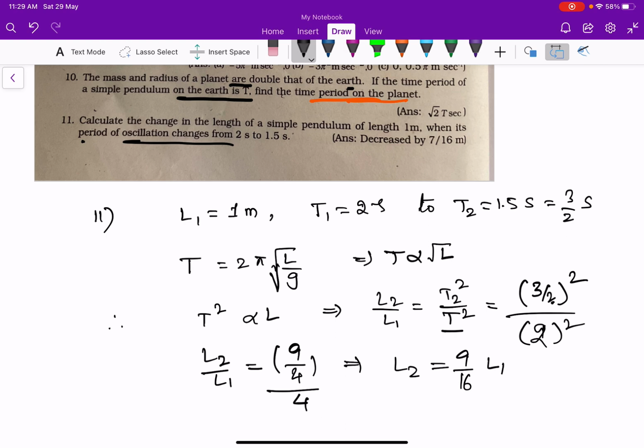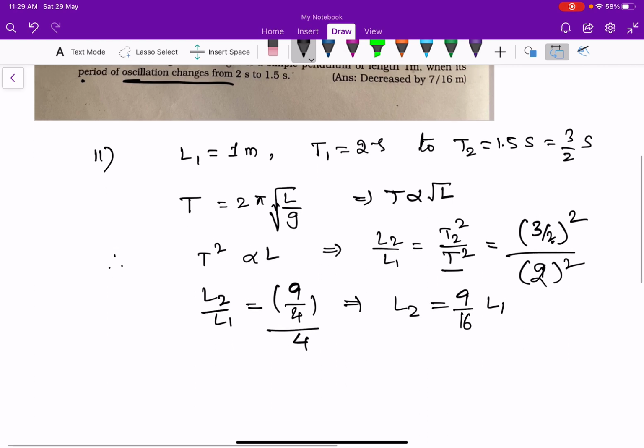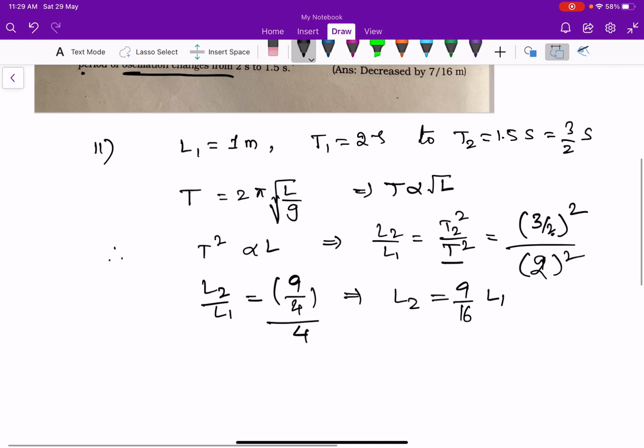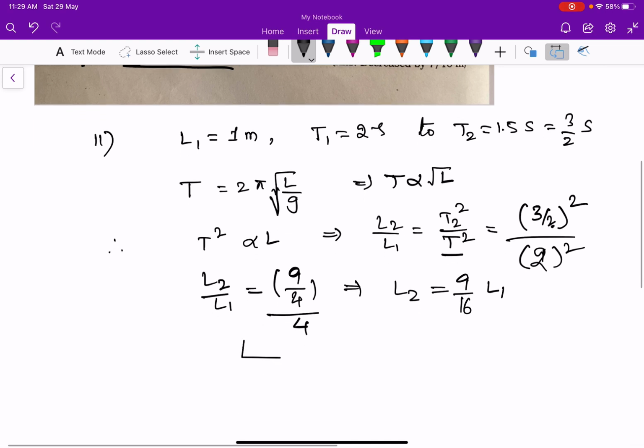So L2 equal to 9 by 16 into L1. Here L1 is nothing but 1 meter. So 9 by 16 is the L2 value.